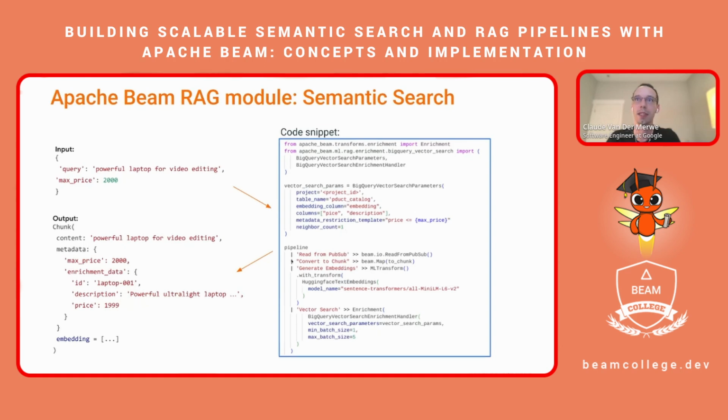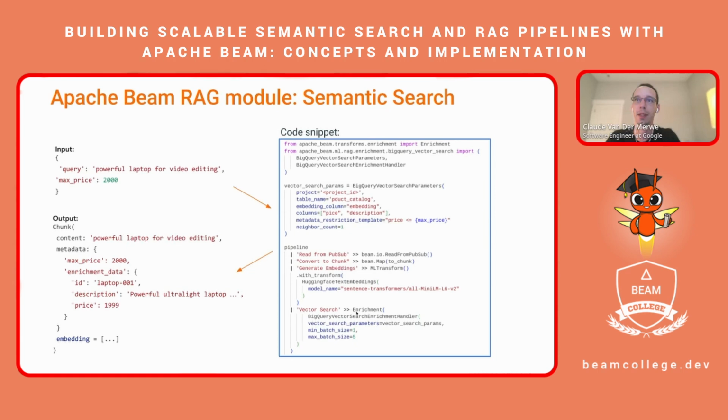So to put this pipeline together, we take our input and convert it to a chunk so we can embed the user's query. We perform embedding, so the query is embedded and we have something to send to the vector database.